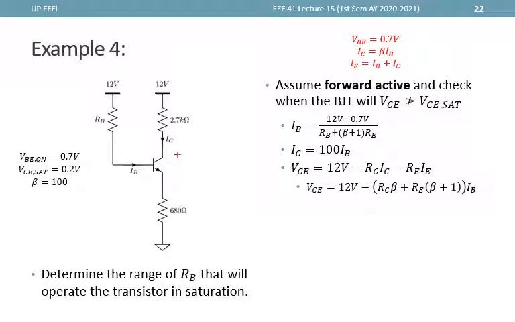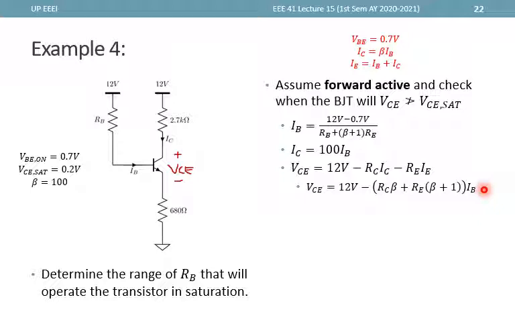VCE here is equal to the supply voltage, 12 volts, minus the 2 voltage drops here, which are RC IC and IE RE. So VCE is basically equal to 12 volts minus, in terms of IB, RC times beta and RE times beta plus 1, to be multiplied by IB.